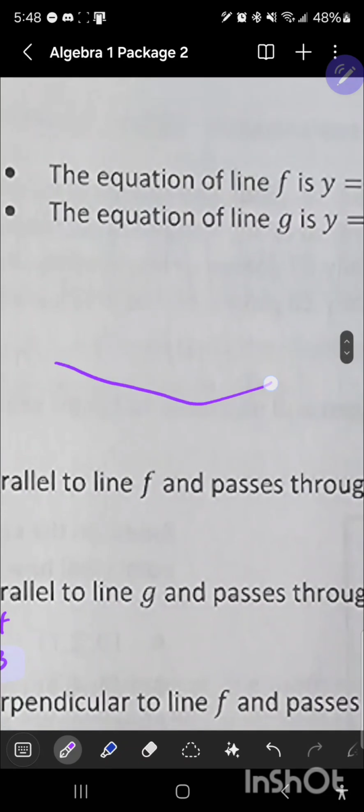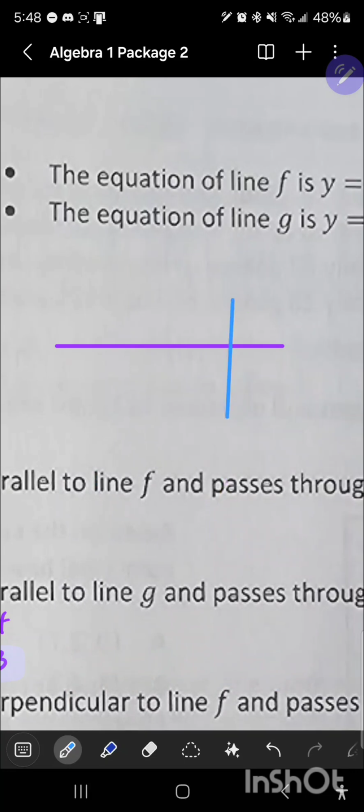Okay, I can show you a line like this. Let me draw a line, and this is going to be the axis, this is going to be the axis, and this is number 3.